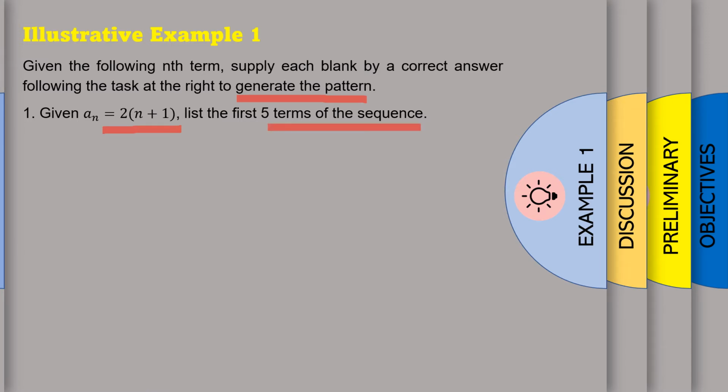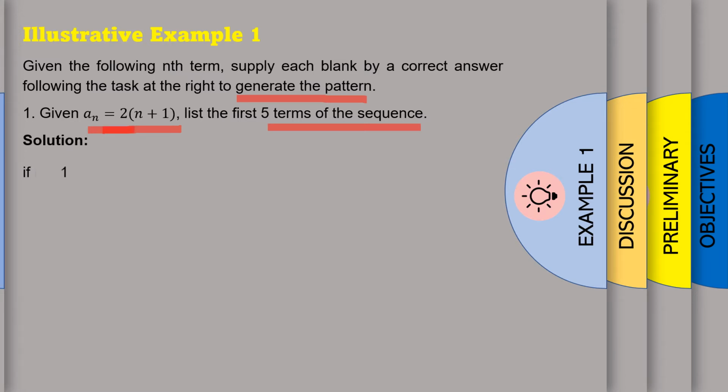Ito na. Meron tayong binigay na formula or rule form. This is a sub n is equal to 2 times n plus 1. And then you're asked to list the first 5 terms of the sequence. Ano nga ba yung magiging first 5 terms ng sequence kapag ito yung ginamit nating rule or formula?